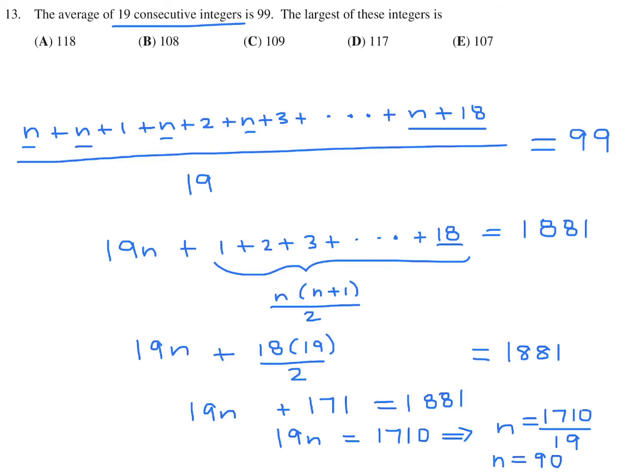Now they didn't want n, they wanted the largest of these integers, and the largest of these integers is n plus 18. So n plus 18 is equal to 90 plus 18, which is 108. So the answer to number 13 is B.